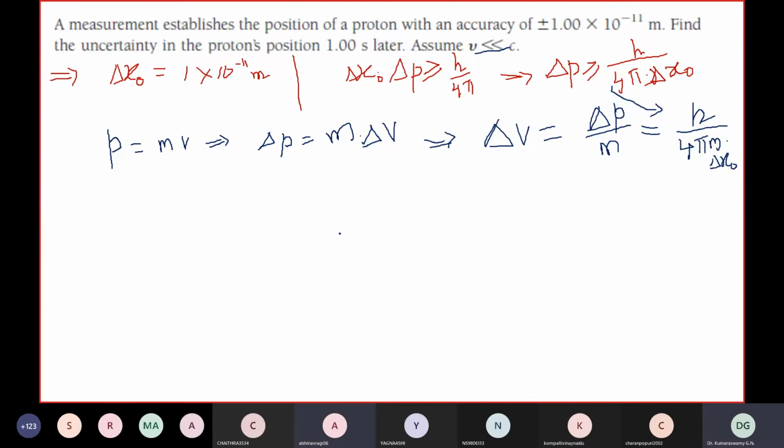Yes, sir. Okay. Now, the distance covered by proton in 1 second is delta x is equal to, sorry, no, it is not the distance covered.